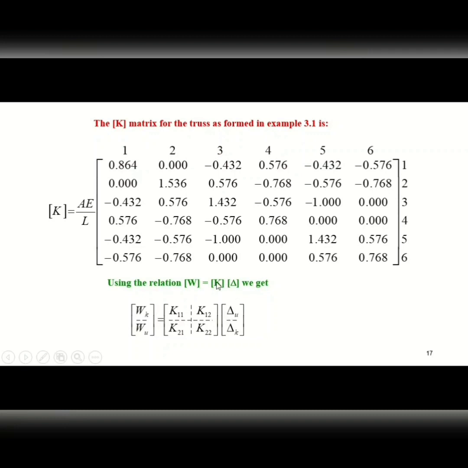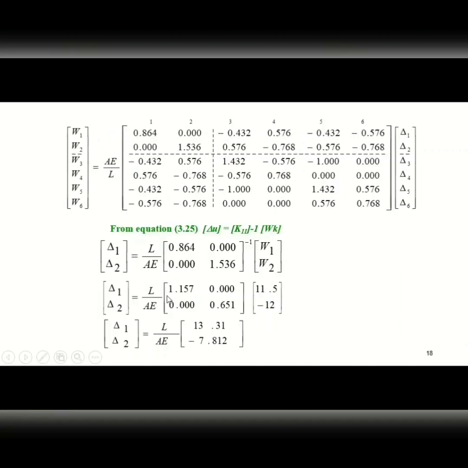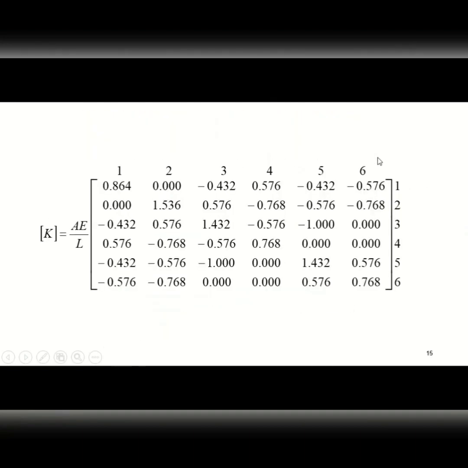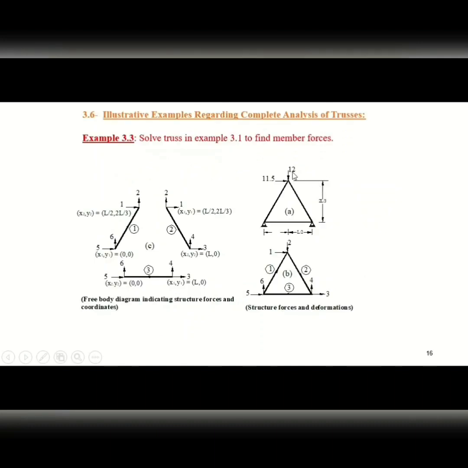So basically this whole equation, this part we were finding separately, but now we put this equation here. This is our forces, and this is delta, which is our deflection. So now we have two forces, 1.2 and 11.5, 2 and 1.